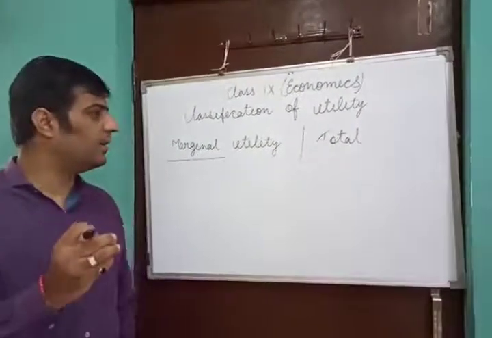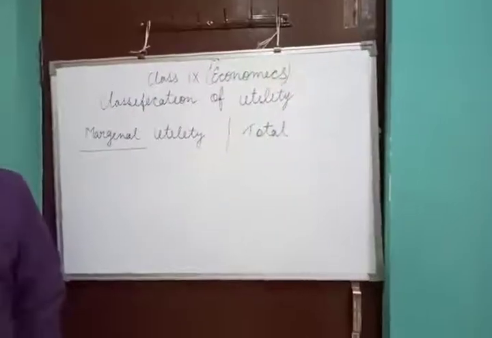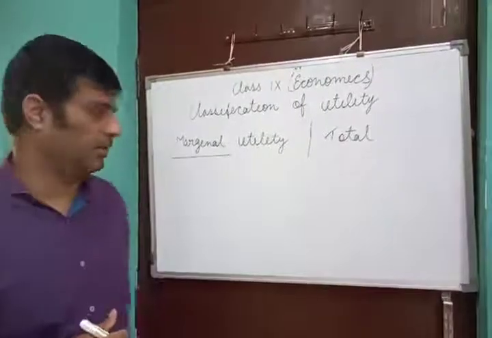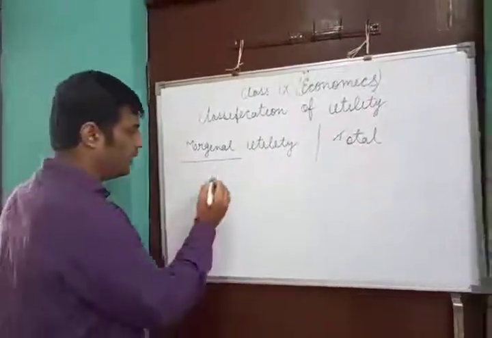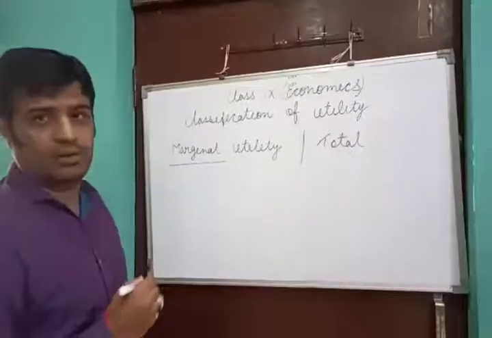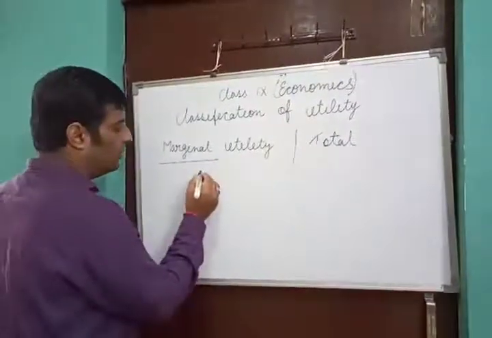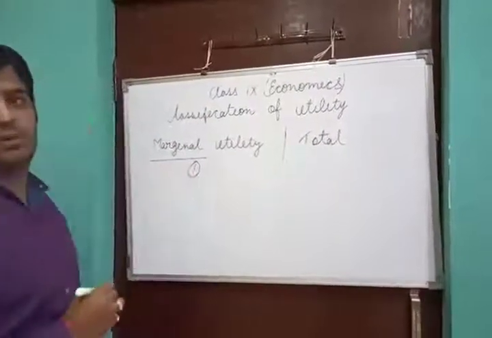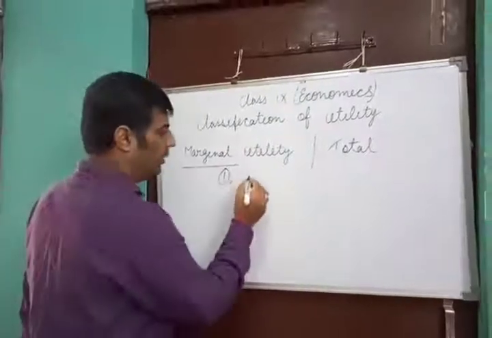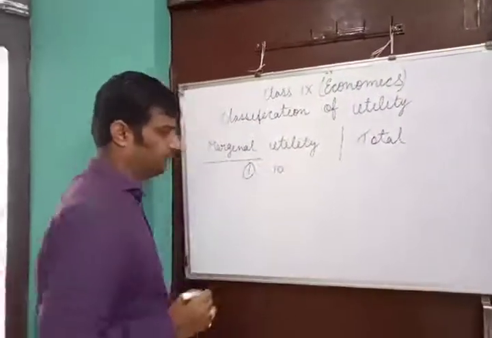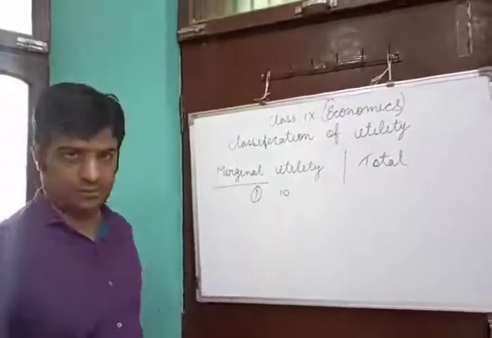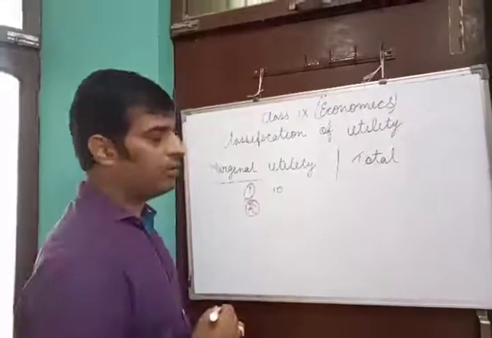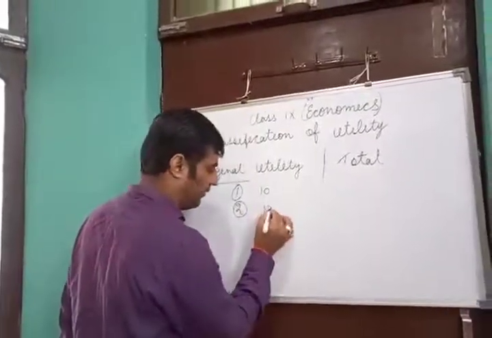Marginal utility refers to the net addition made to the total utility by consuming one more unit. Suppose when a person is having dinner, he eats the first chapati and gets 10 utils, and when he eats the second chapati the total utility becomes 18.